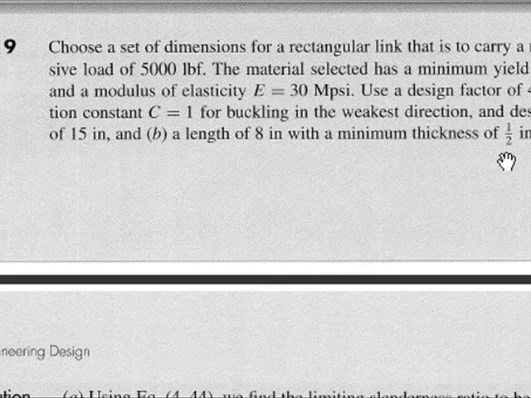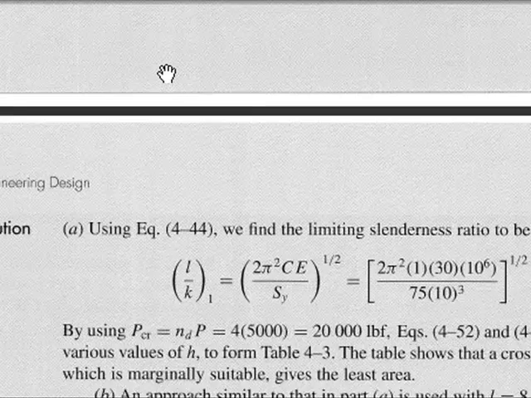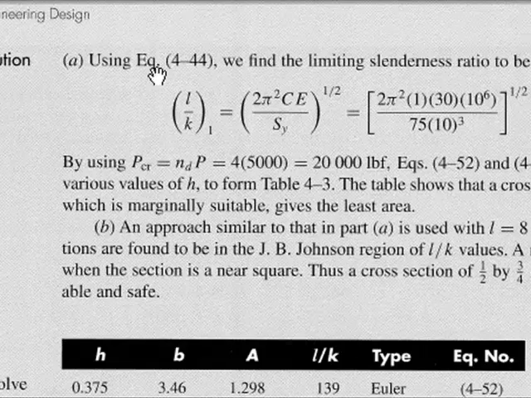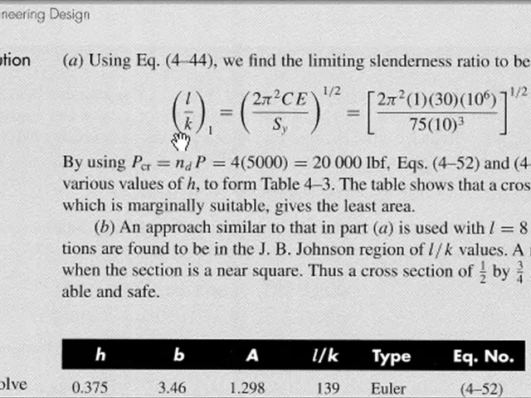That'd be the process. So, first of all, dealing with the longer column, the 15-inch, also recognizing that with a 5,000-pound load and we want a design factor of 4, that's going to be 4 times 5,000, or a 20,000-pound load. So, for the material properties given, our limiting slenderness ratio is 88.9.